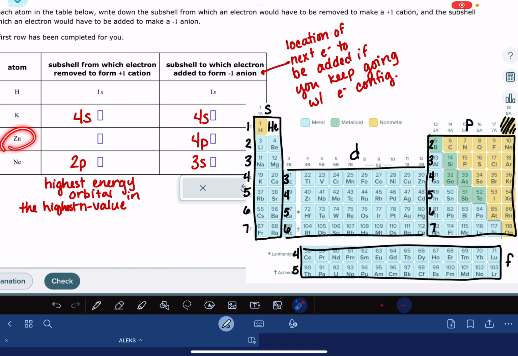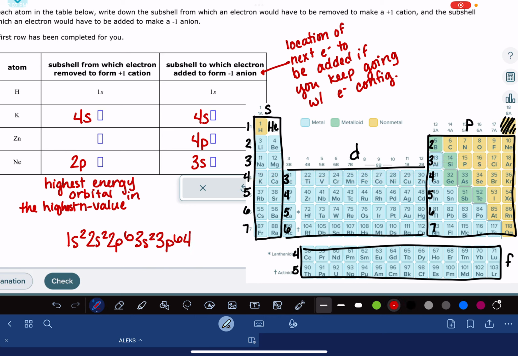All right, here's our last one. We have zinc. And zinc is located right here. Let's write its electron configuration. It's going to be 1s2, 2s2, 2p6, 3s2, 3p6, got us to here. 4s2, 3d10.